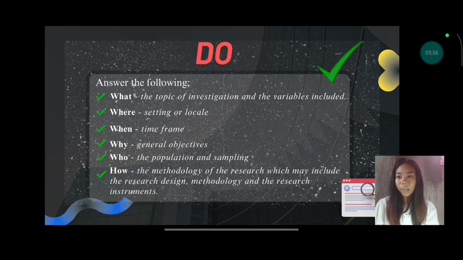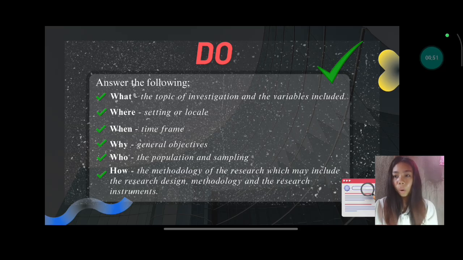And next is when, the time frame. What is the expected time or months of completion, from when you start the survey until the coverage of your study ends. And next is why, the general objectives. So you can repeat your objectives that you wrote in your statement of the problem.